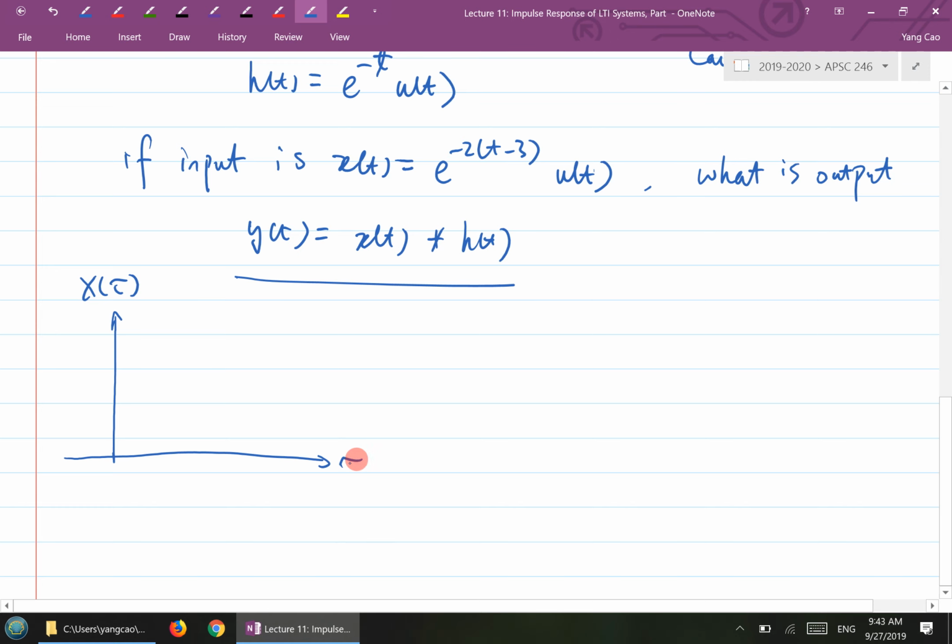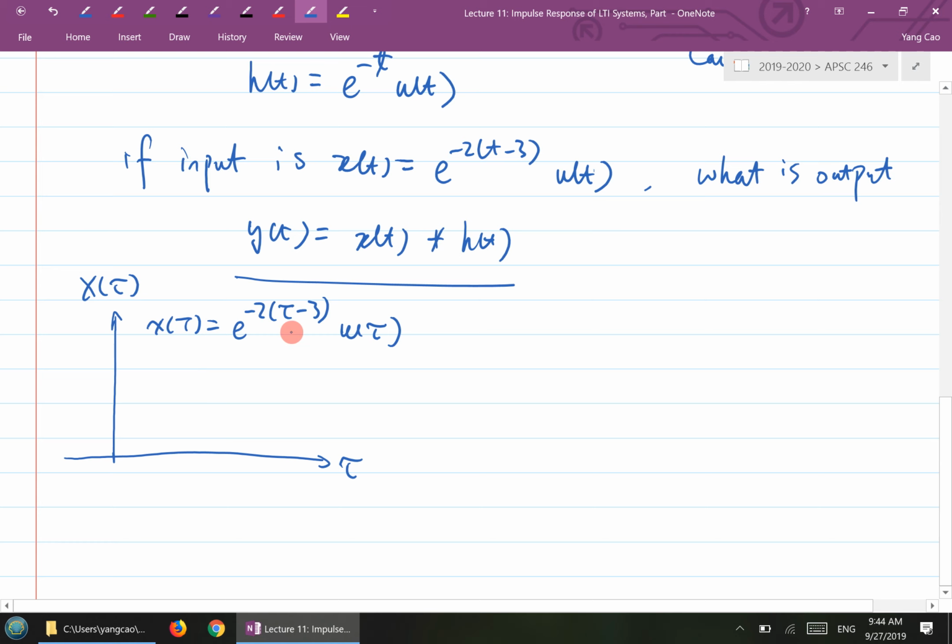So for x of tau, you replace the t with tau. Find every t and replace it with tau. Let's graph this one. We're not going to worry about anything on the left side, it's only going to be this side.